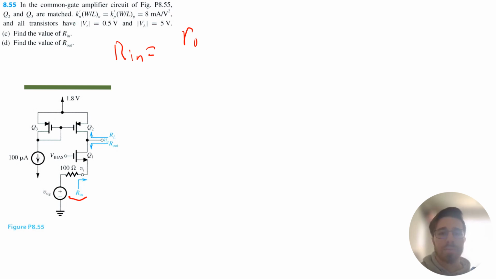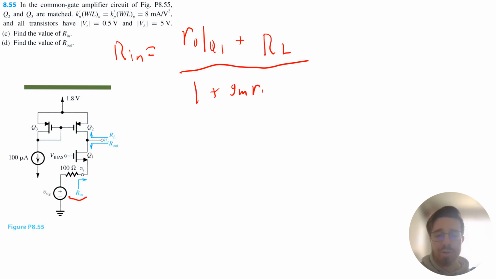Maybe I denote that here in the equation. So we want the output resistance of Q1 plus any load resistance, which I will explain shortly, divided by 1 plus gmro, again, of the transistor we're looking at, which based on this arrow, we see that the first transistor we see is Q1.